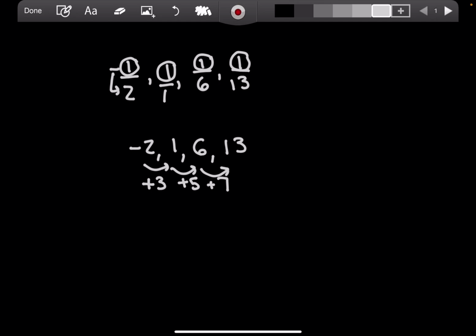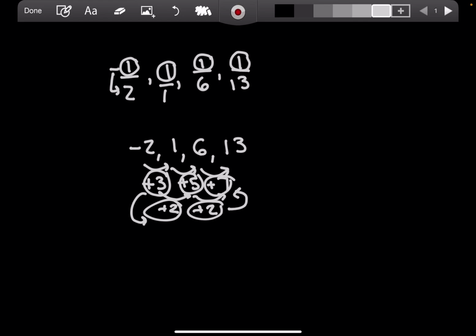If we look from 3 to 5, it's +2, and from 5 to 7, it's +2 again. So we have a pattern within the pattern. That may sound really confusing, but that's why I always like to start with addition when looking at a problem, because then we can see these patterns that turn into these patterns. So just keep that in mind.